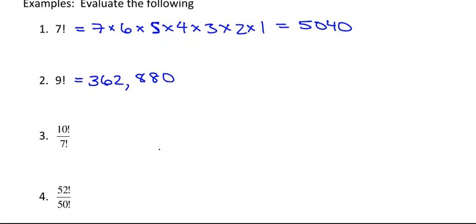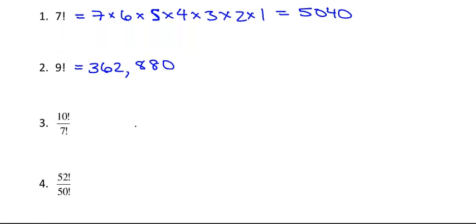So what about 10 factorial over 7 factorial? 10 factorial means 10 times 9 times 8 times 7 times 6 times 5 times 4 times 3 times 2 times 1.